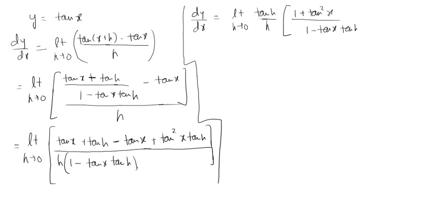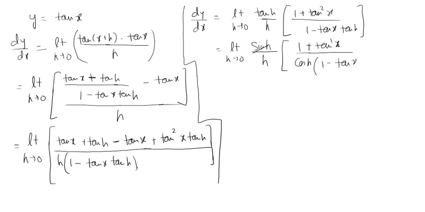Okay. So now tan h by h can be written as limit h tending towards 0 sin h, tan h can be written as sin h by cos h. So it will become sin h by h multiplied by 1 plus tan square x into cos h into 1 minus tan x into tan h.